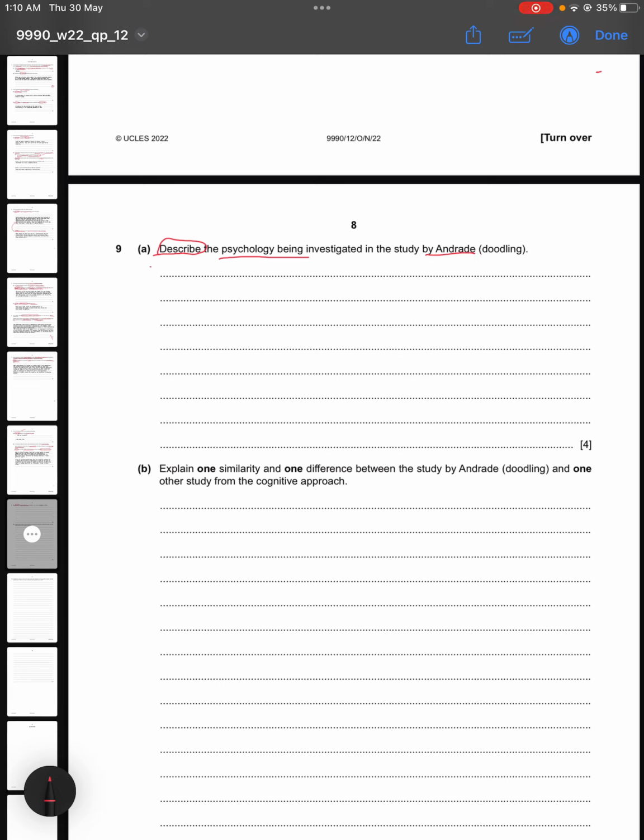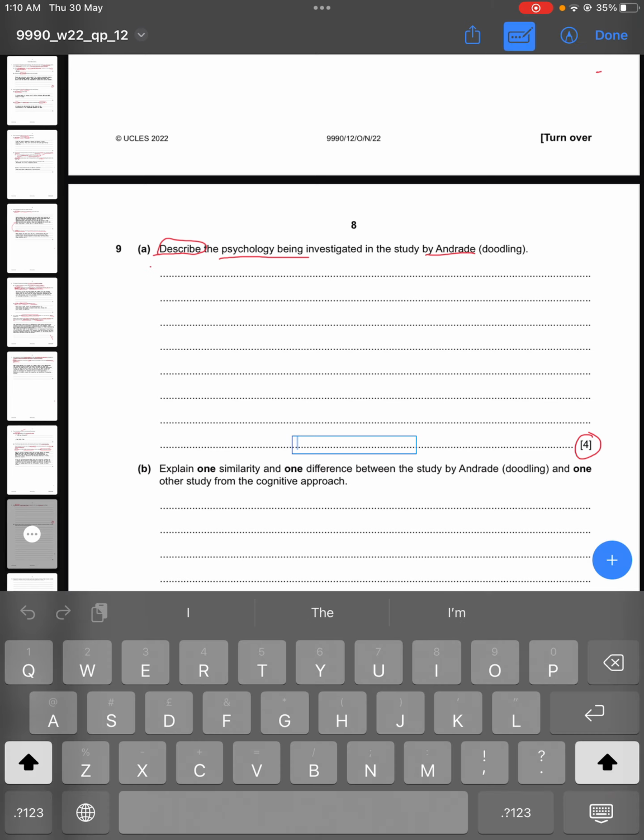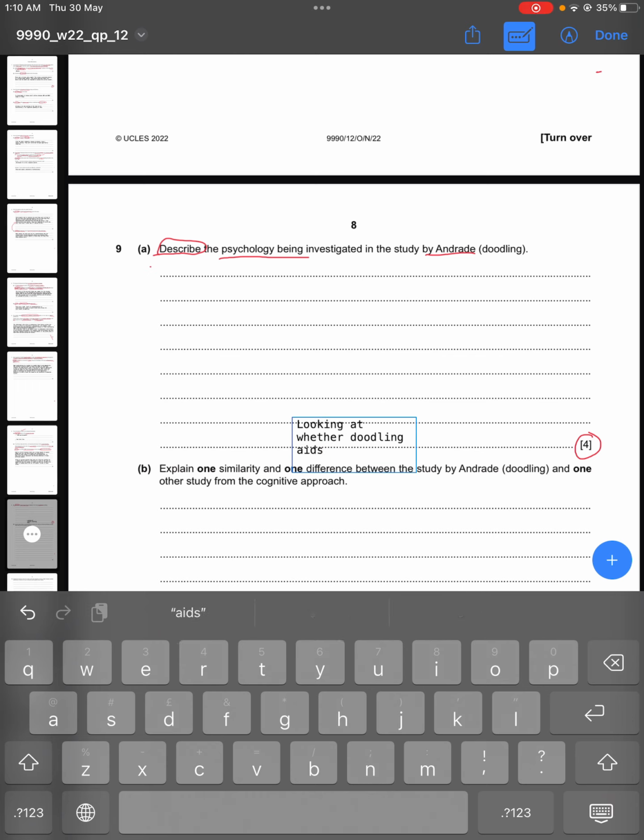So if this question says describe and it is for 4 marks, you need to write 4 points, because you're going to get 1 mark per correct answer. And in this you can write any 4 points from the study, from the background of the study, which can be that it was looking at whether doodling aids our concentration and cognitions or not.